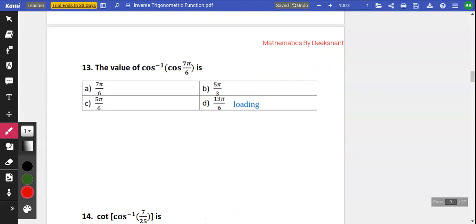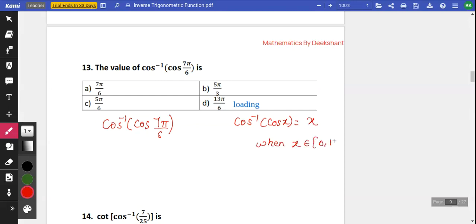The value of cos inverse cos 7 pi by 6. Basically, cos inverse cos x is equal to x when x belongs to 0 to pi. In this question, 7 pi by 6 does not belong to 0 to pi.